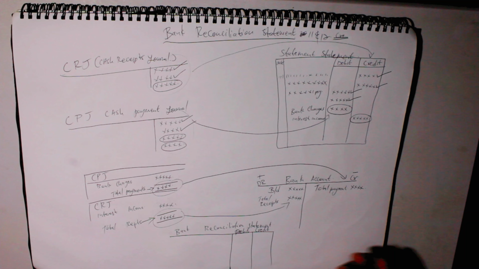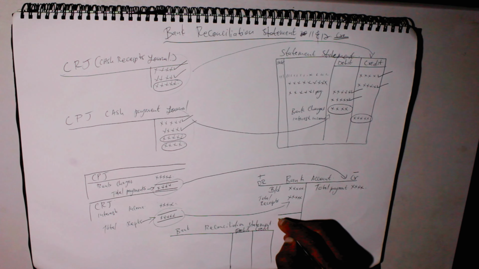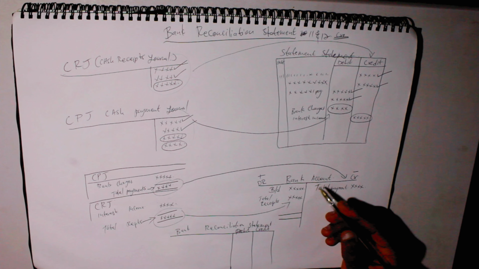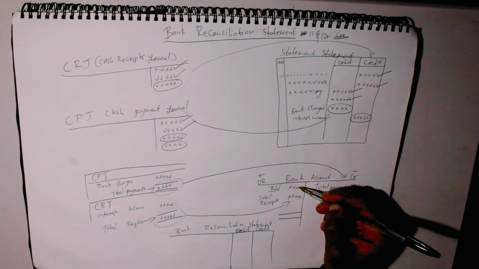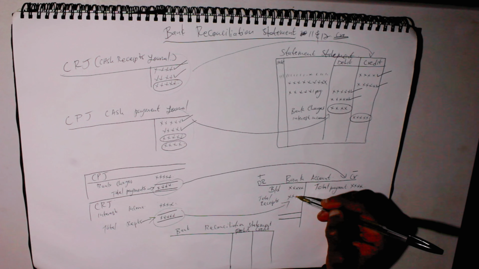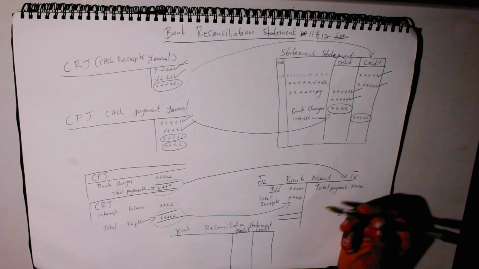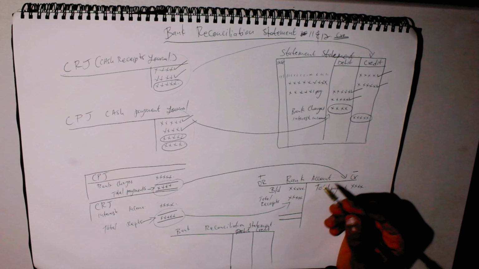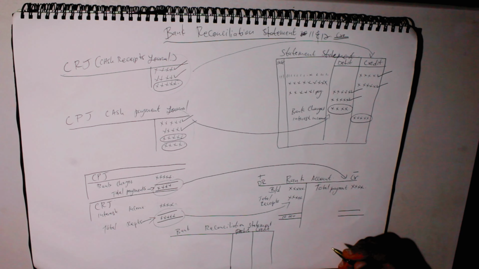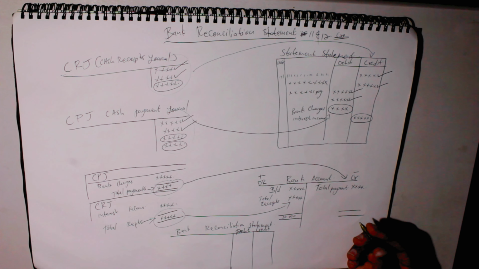Now, as usual, when you do your ledger account, you need to close it at the end of the day. Let's say, for example, in this case, when you add the balance brought down plus the cash receipt journal, the amount is, let's just say, 10,000. Let me use a little bit of figures so that it becomes easier.